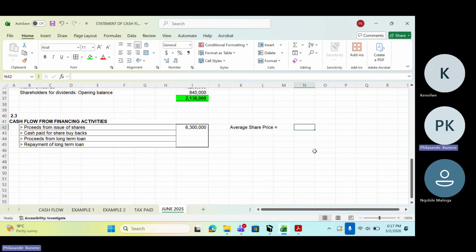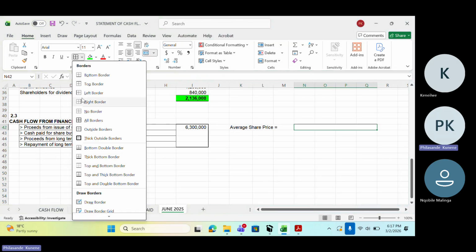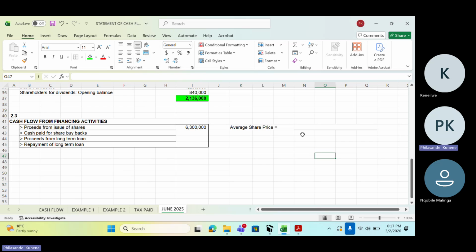Remember, for us to calculate the average share price, we need the amount for the opening shares plus additional shares issued before we buy back the shares, and then we also use the number of shares in issue at the beginning plus the shares that were issued during the year.